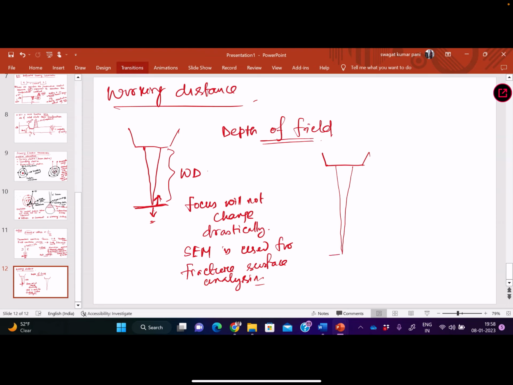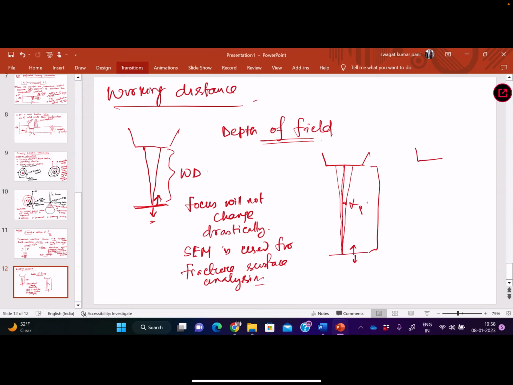See, in this case, if we move the sample slightly this way or this way, the focus will not change much, because the depth of field depends on this semi angle. This angle we call alpha p. The smaller this angle, the better the depth of field. So this is for large working distance.